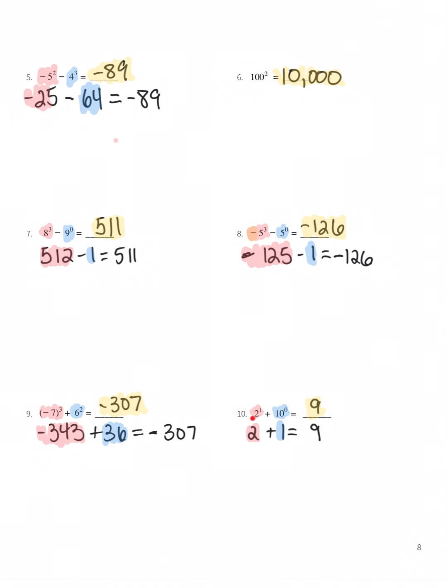And last, 2 to the first power is 2. 10 to the power of 0 is 1. 2 plus 1 is not equal to 9. That is from a different problem, so let's erase that. That's kind of silly. 2 plus 1 is equal to 3. And I think we knew that.